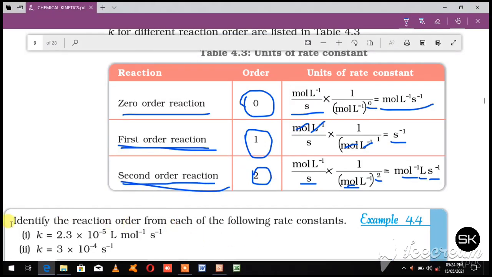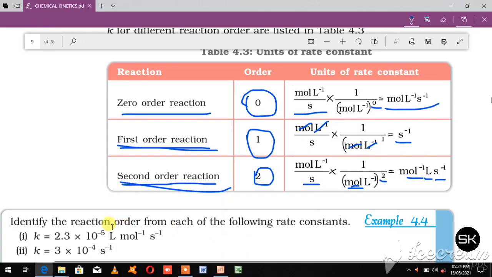Now let's see some examples. Identify the reaction order from each of the following rate constants. Here the value of rate constant is given as 2.3 into 10 to the power minus 5 liter per mole per second.